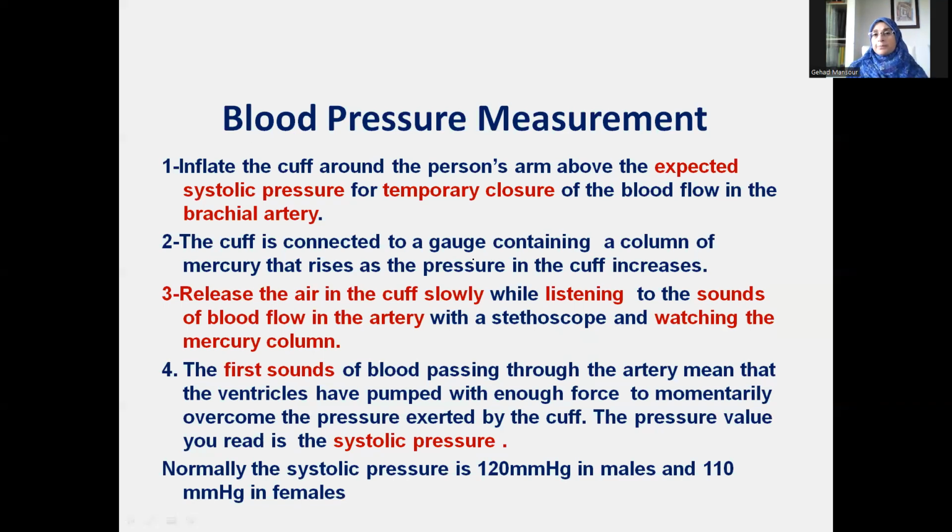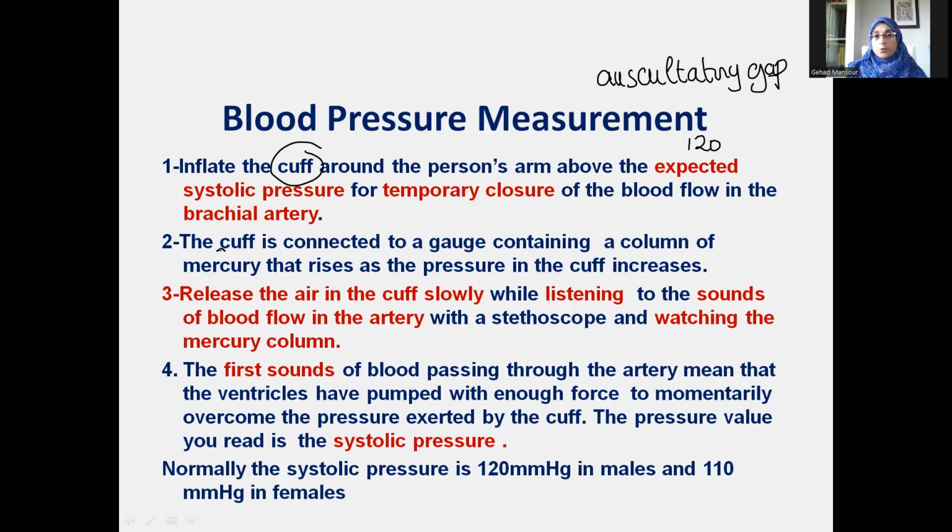So these are the steps of blood pressure measurement, including the precautions. Of course, you inflate the cuff above the expected systolic pressure. If the expected systolic pressure is 120, then you will raise above it, like 20 more millimeters of mercury, to avoid the auscultatory gap, in which there are no sounds, but yet the patient's blood pressure might be 140.